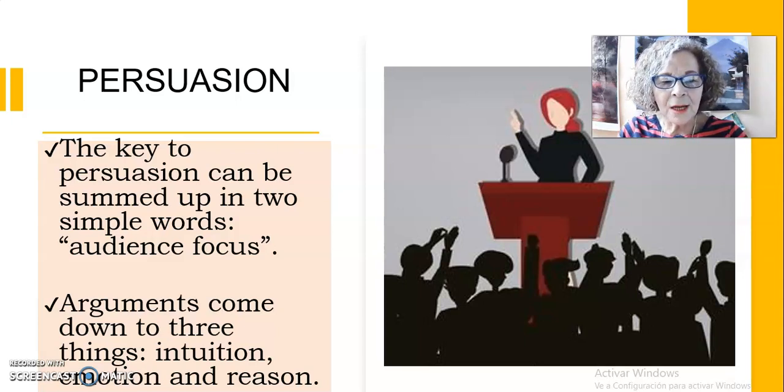Arguments come down to three things: intuition, what you intuit from the audience, what you think about them; emotion, what emotion you have in that moment or what emotion you would like to transmit, that is empathy; and reasons, using the logic, your brain.